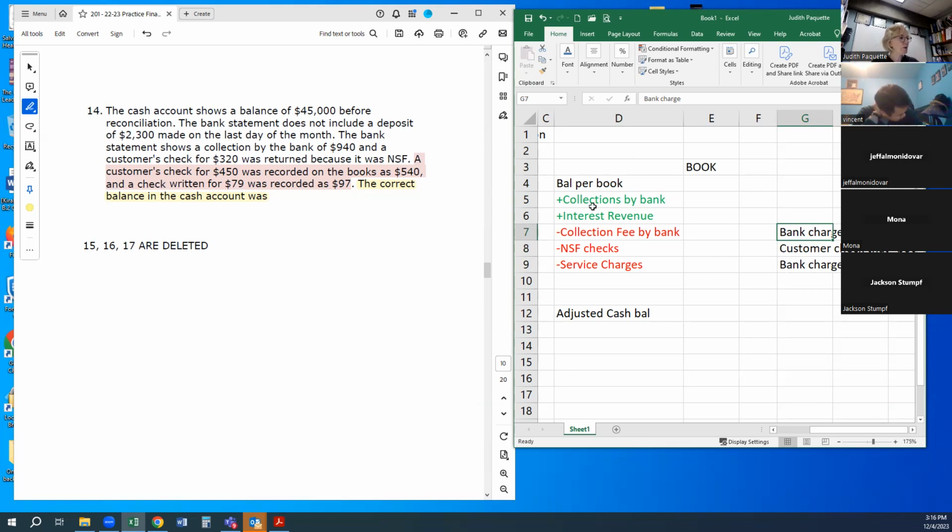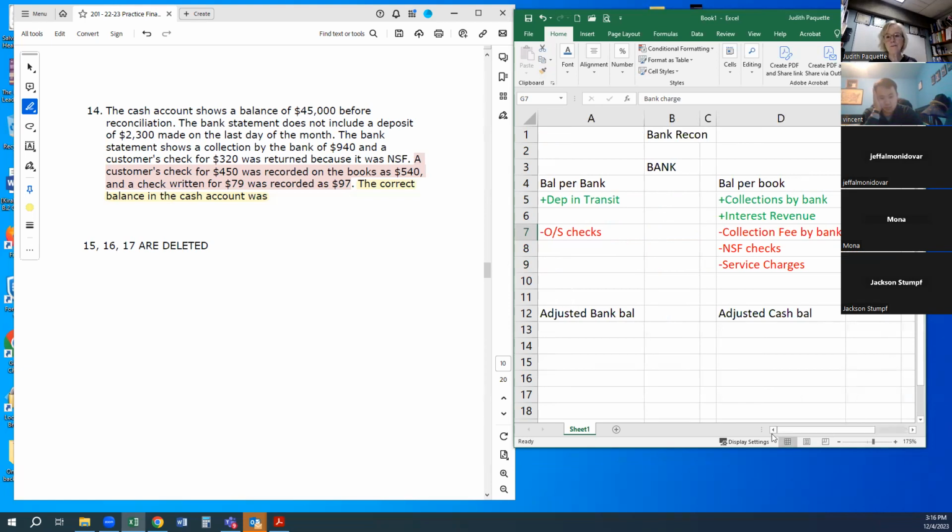Okay. So we've covered everything except for errors. And so we do have an error in this problem, but let's start the problem out with what we know. And what I told the students this morning is get these templates down, memorize these. Know that on the bank side, you start with the bank balance, you add deposits in transit, you subtract outstanding checks.